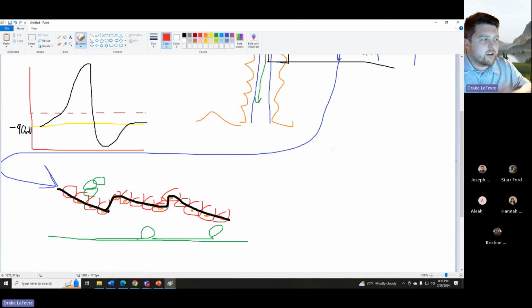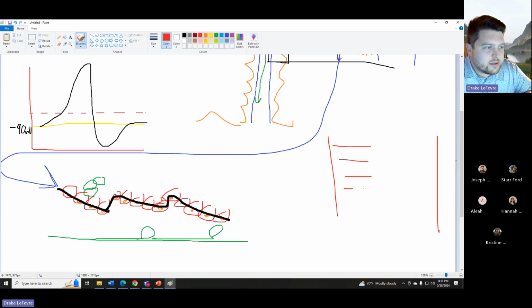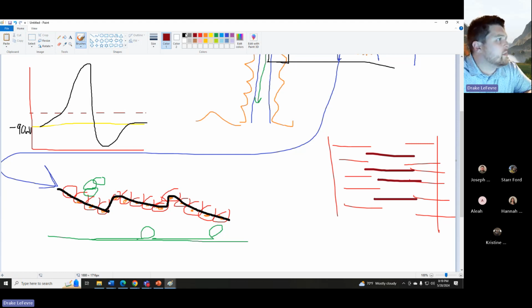So, zooming back out a little bit, we have our sarcomere right here, and we have our actin thin filaments, and then we have our myosin thick filaments, just like this. And this isn't perfect. Titin is a little protein that binds to the myosin and then binds it to the Z disc.